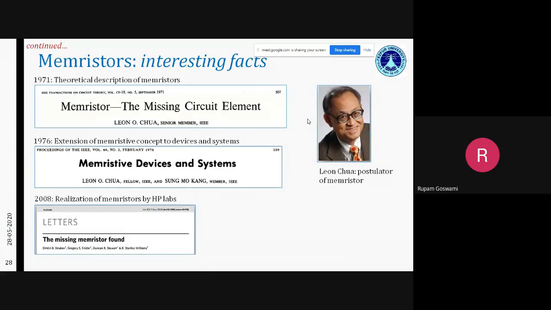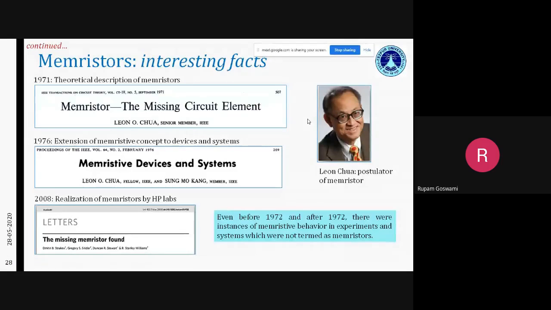But only in 2008, HP Labs first reported the first nanoscale memristors. Since then, it has caught the semiconductor industry like a storm, and people are doing research on these memristive elements and different circuit architectures, and it has gone far beyond expectations in a very short time.